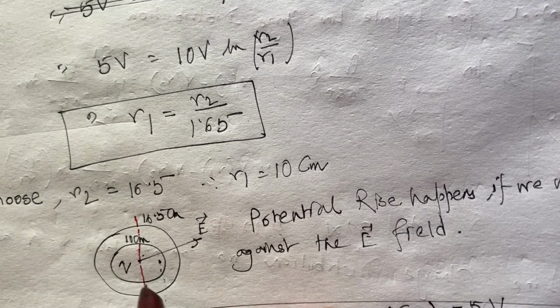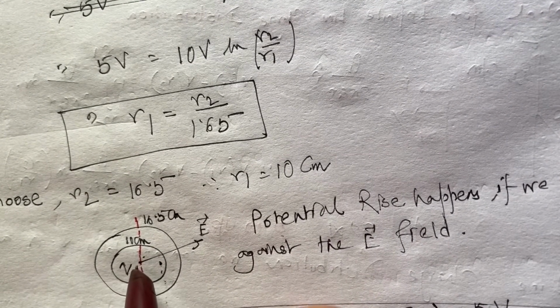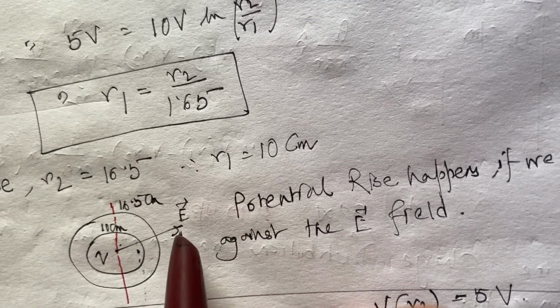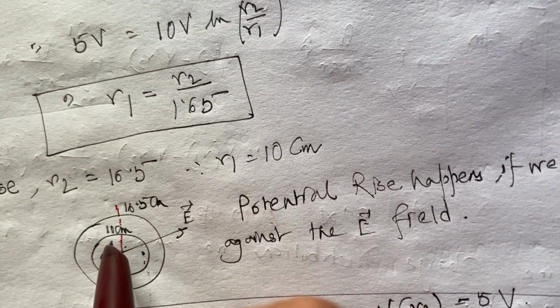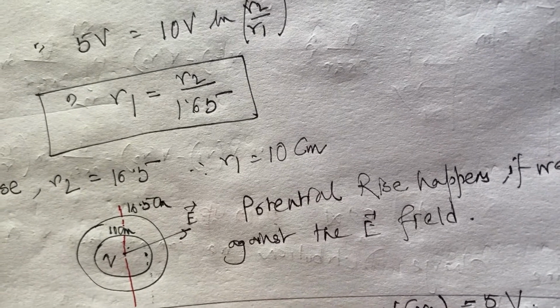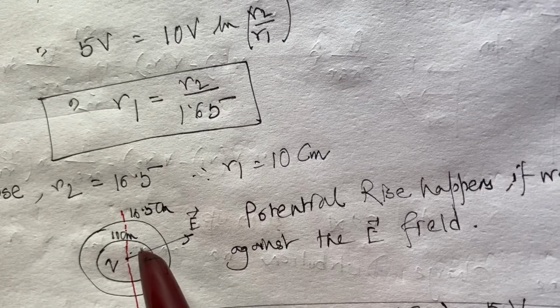At every point on this contour, which is at a distance of 10 centimeter from this plus Q charge, which is responsible for this electric field, the potential is of constant value. So this is an equipotential surface. This is another equipotential surface.